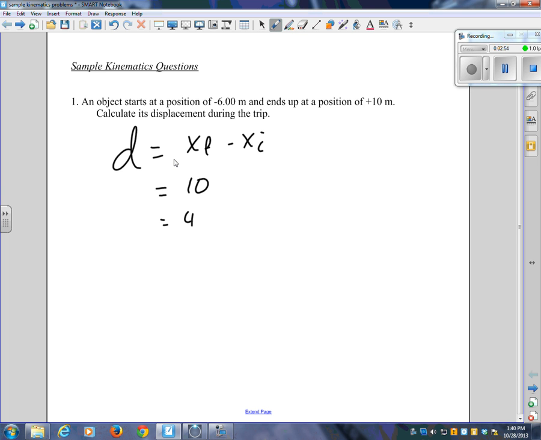So this is going to be subtract -6, which of course is plus 16. And you should actually put meters. Meters was given in the question. You should include it as part of your answer. It's important. Okay? The units are important. Notice how the equal signs sort of line up. There's 3 steps. I'm modeling for you what I expect to see.